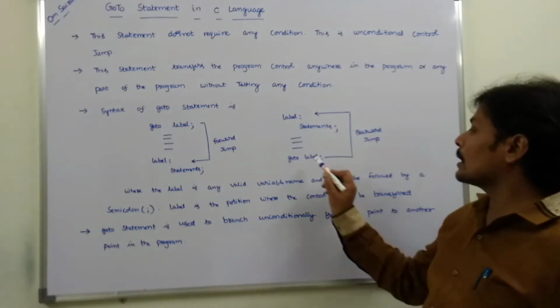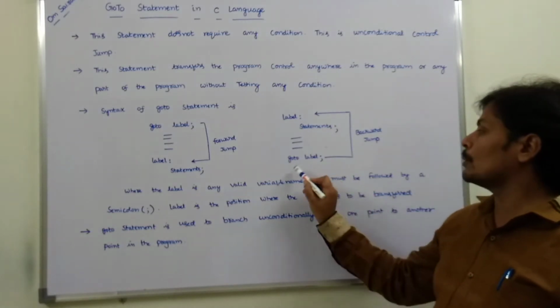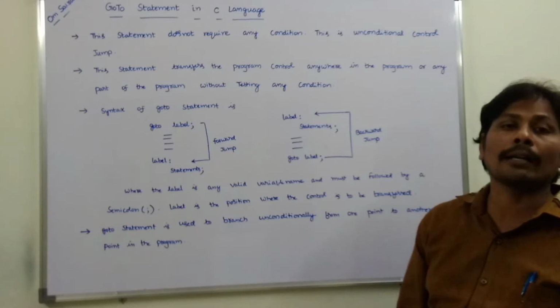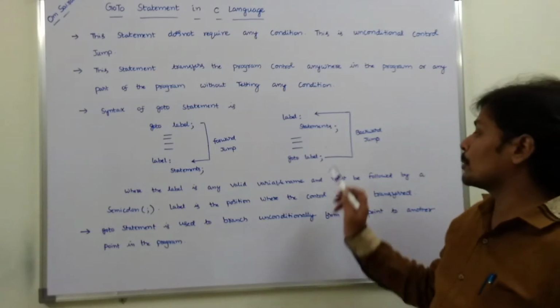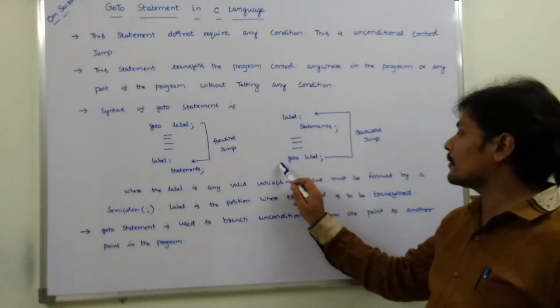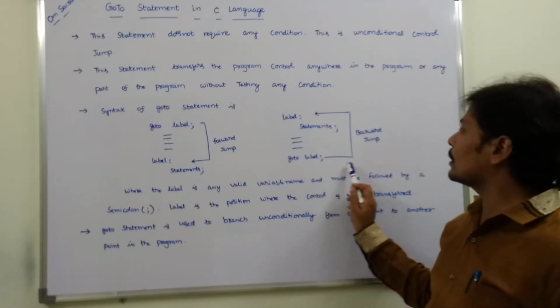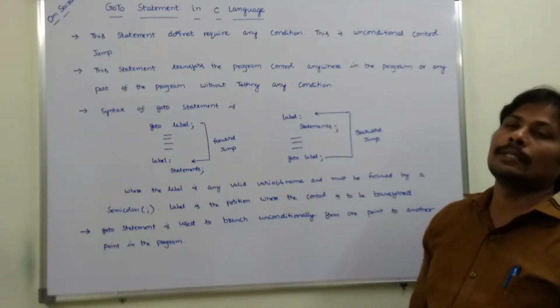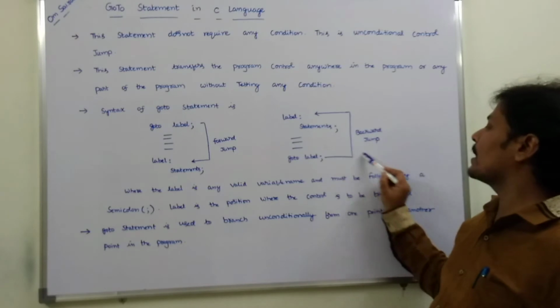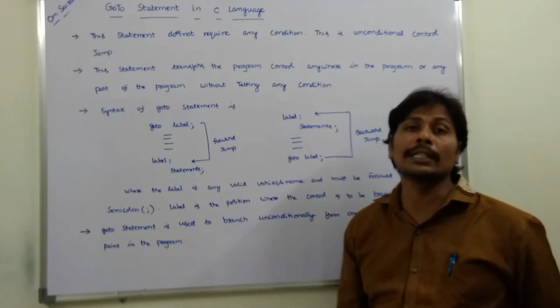Then when the goto label statement occurs, the program control is transferred from this statement to the label statement. This type of jump is called a backward jump.